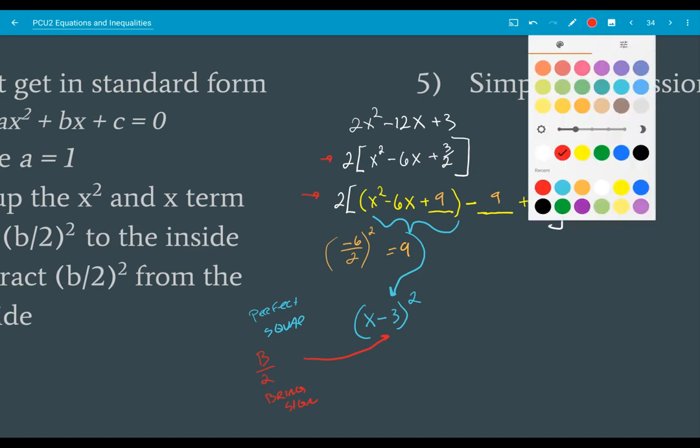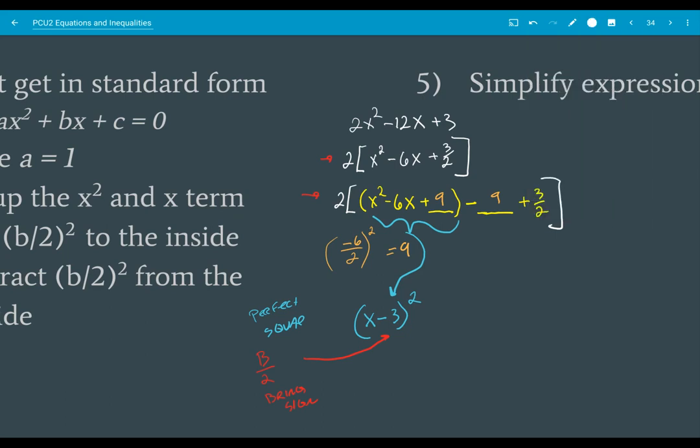So let me get a different pen up here. So the 2 is still there. And then we have minus 9 plus 3/2. Now, at this point, you can combine these and then distribute the 2, or you can distribute the 2 and then combine, whichever happens to be easier.